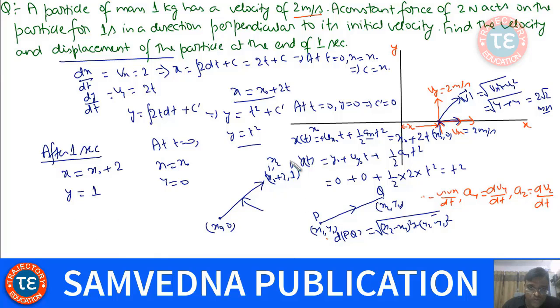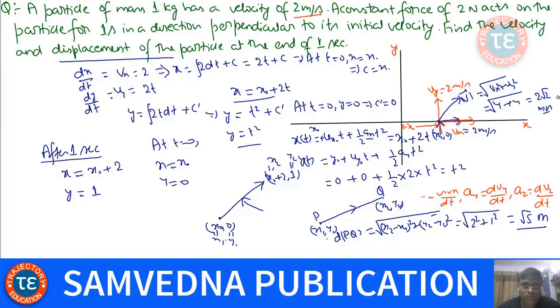So if I do it over here, this is your x2, y2, this is x1, y1. So if I do this, what do I get? x0 plus 2 minus x0, 2 square, plus 1 minus 0 whole square, 1 square, root 5, right? Root 5 meter. Are you getting a point?